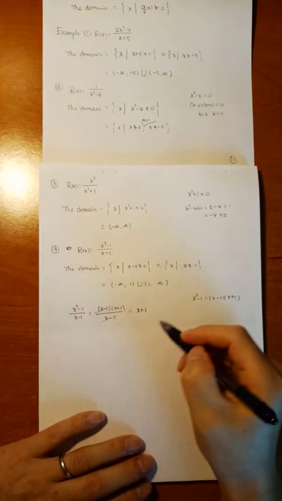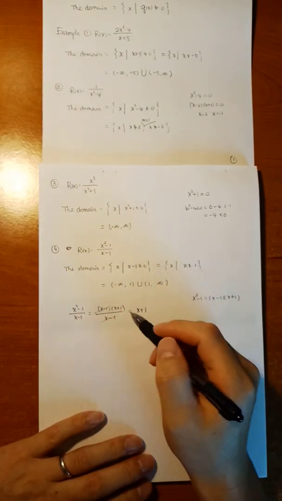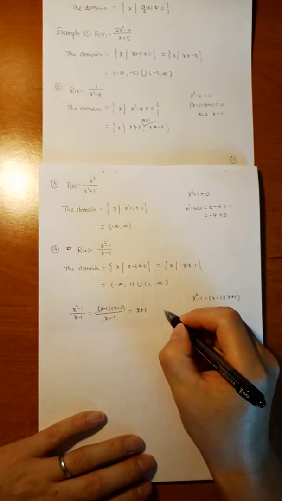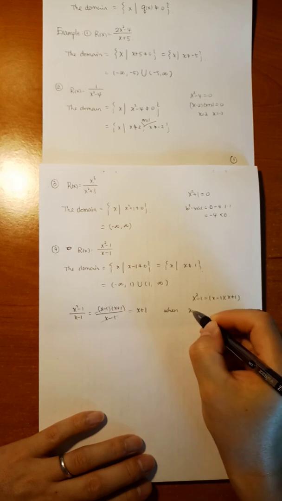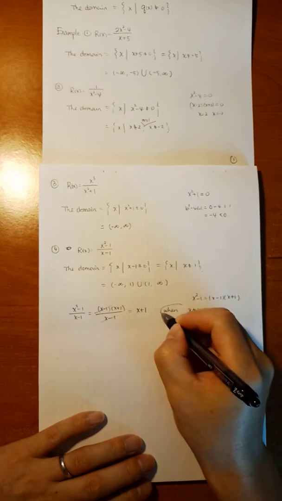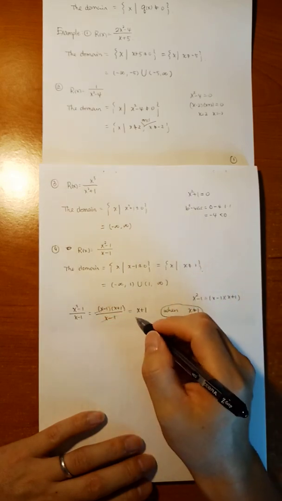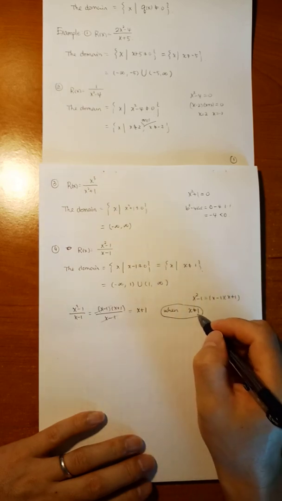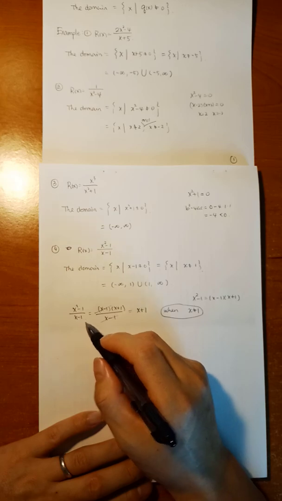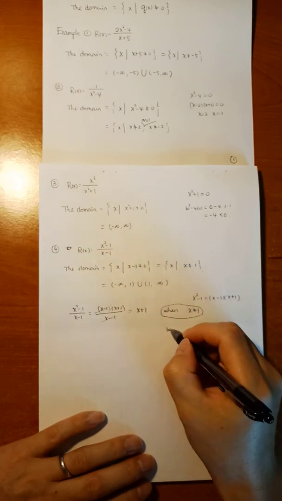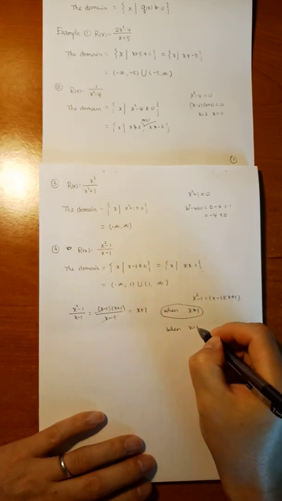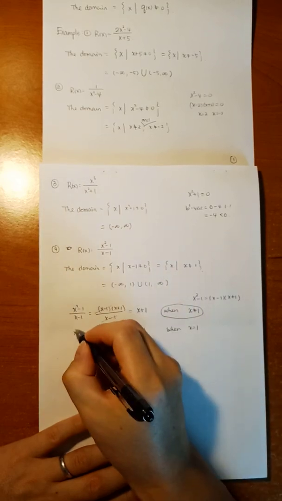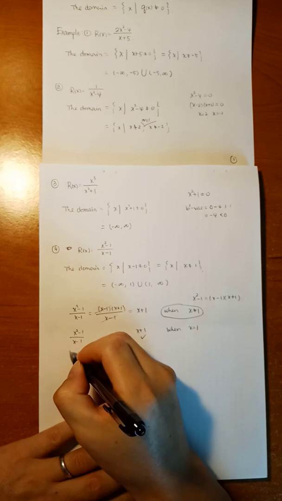But this identity holds when x is not equal to 1. So it is an identity, correct, but it's not an identity for all x. It is only an identity when x is not equal to 1. When x is equal to 1, the left side is undefined, but the right side is well defined.